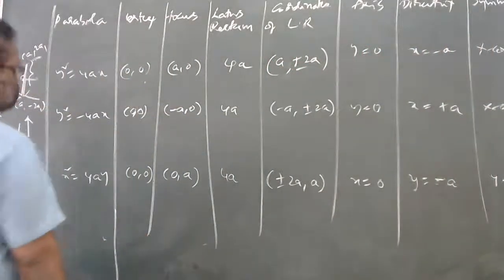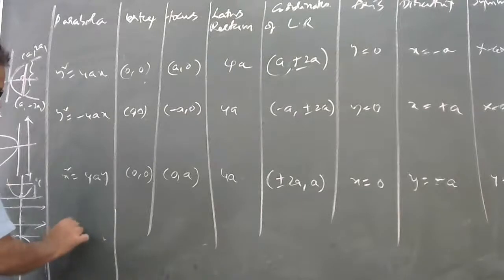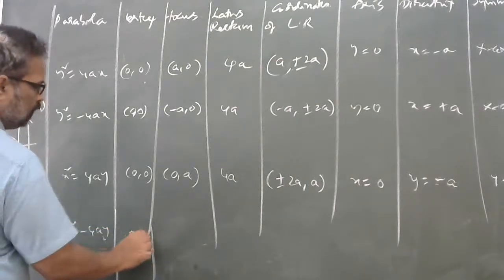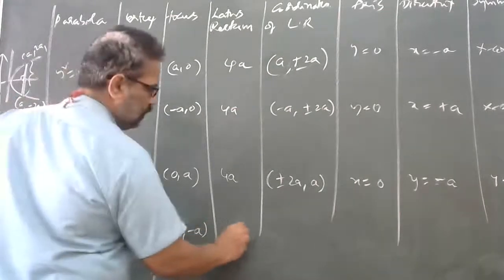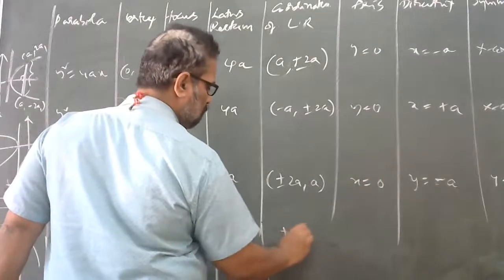Now the fourth one, we take the reverse: the downward parabola, x square equals minus 4ay. Vertex is 0, 0, focus is (0, minus a), latus rectum 4a, and the coordinates are (plus or minus 2a, minus a).